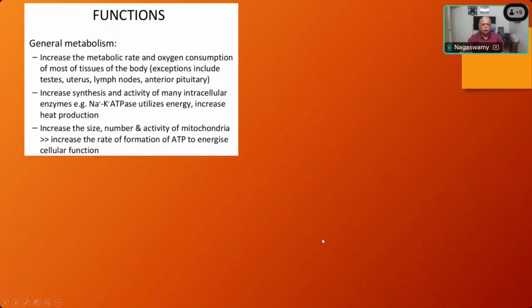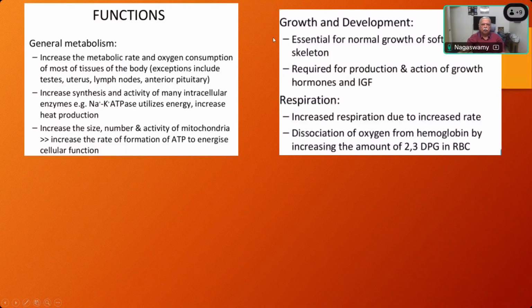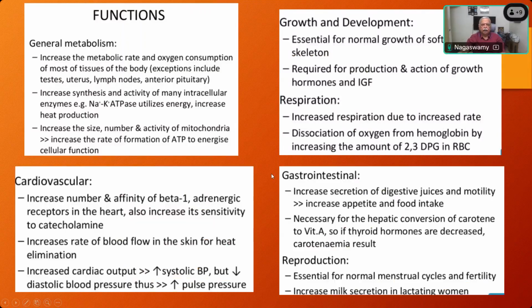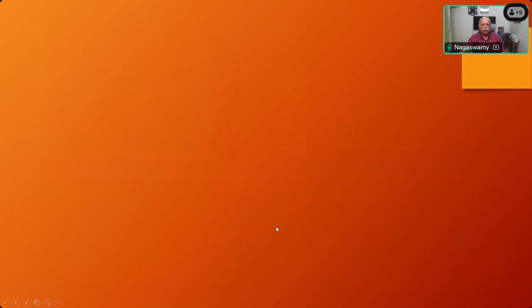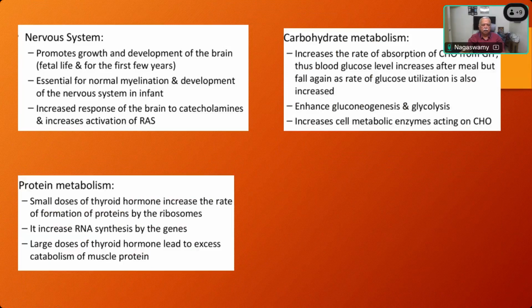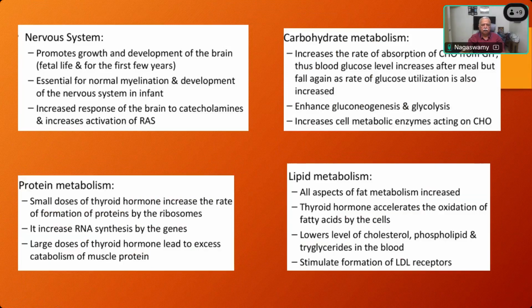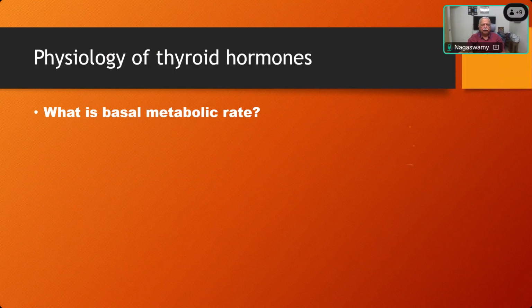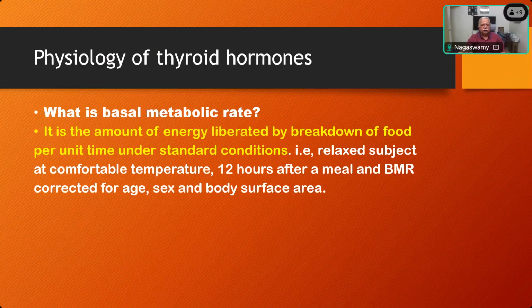Now, functions, it acts on the general metabolism, growth, respiration, cardiovascular system, gastrointestinal system, reproduction. So it has actions on almost all the various organ systems, nervous system, carbohydrate metabolism, protein metabolism, lipid, everything is there. Now, the one question in the exam that may ask you is, what is BMR? It is the amount of energy liberated by breakdown of food per unit time under standard conditions.